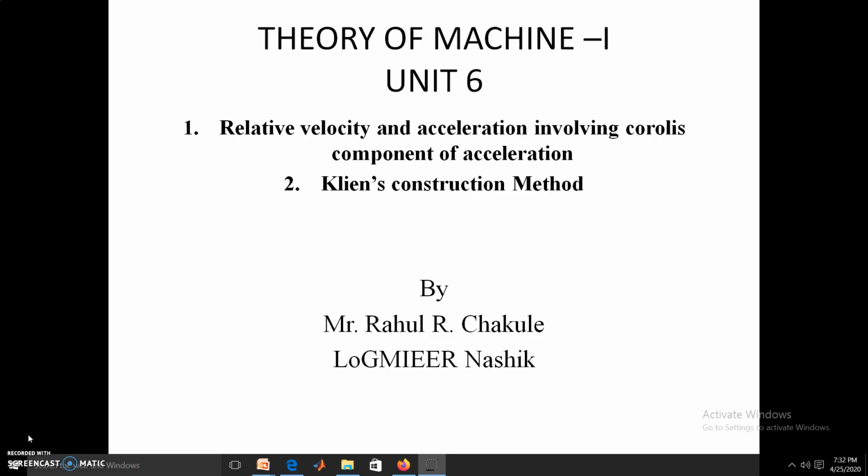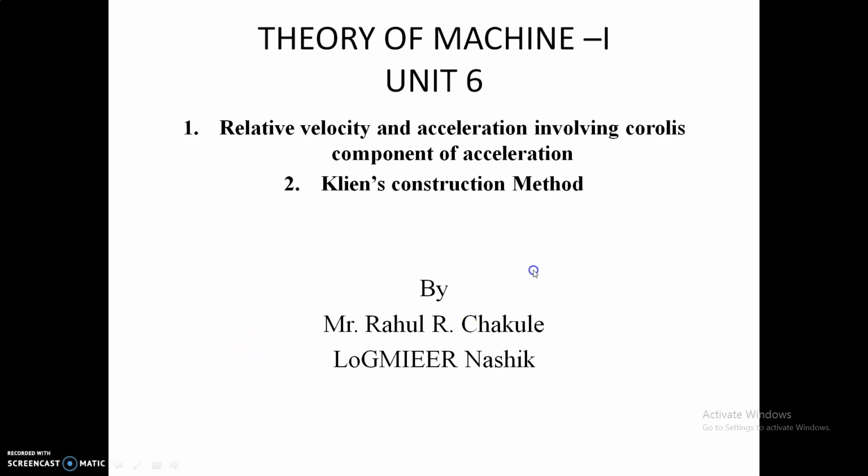Some basic steps are given on how to make the construction by Klein for this velocity and acceleration polygon. Instead of discussing this theoretical part separately, we will take the problem directly and solve for the unknowns by the steps defined by Mr. Klein.